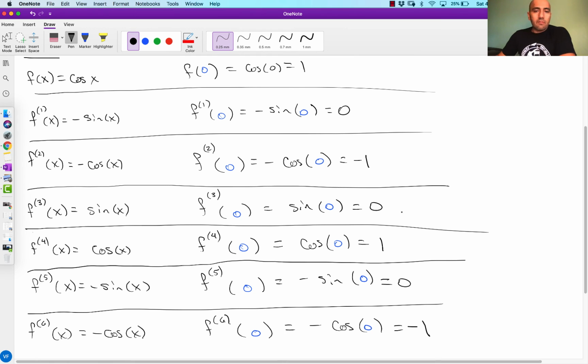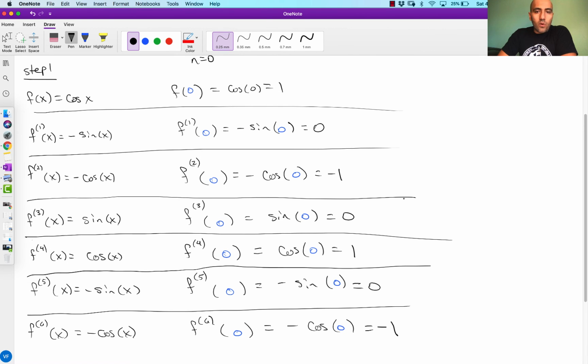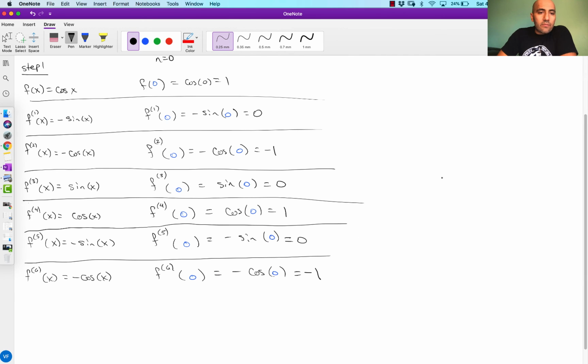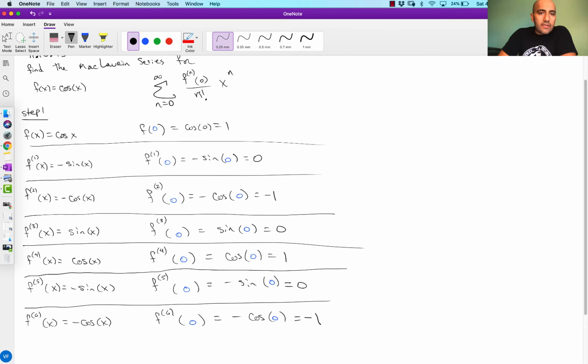Okay, so let's see the pattern. The pattern starts off at 1. Right, so here's our pattern. It's 1, then 0, then negative 1, then 0, then 1, then 0, then negative 1. Okay, and then these are all the terms that go in our Maclaurin series right in here.